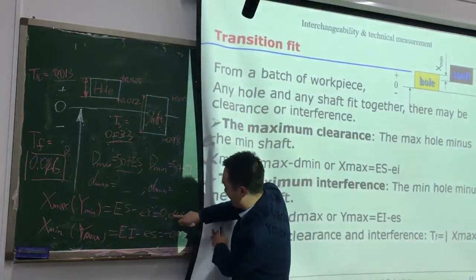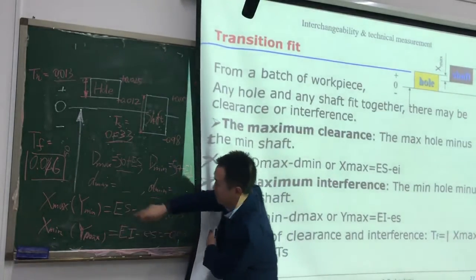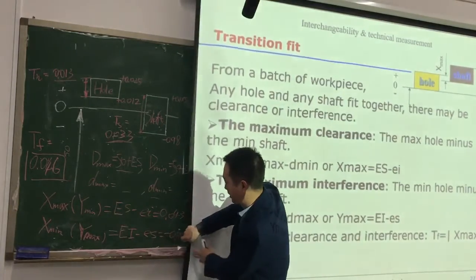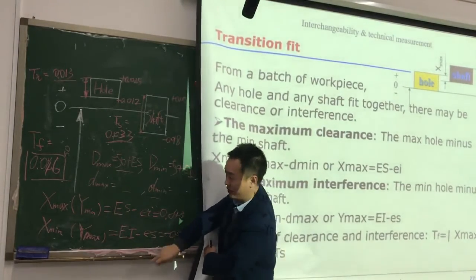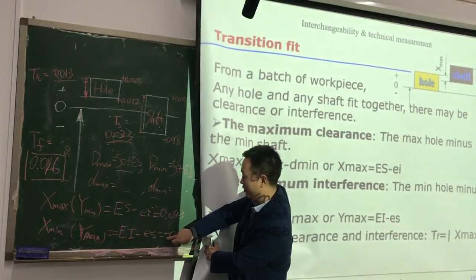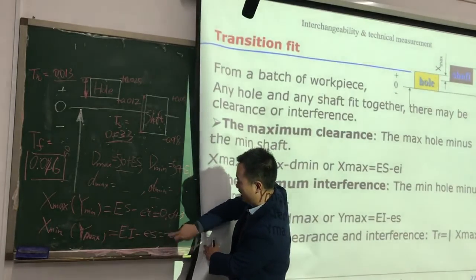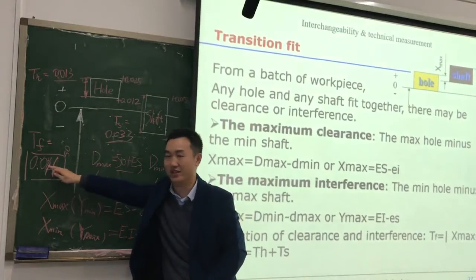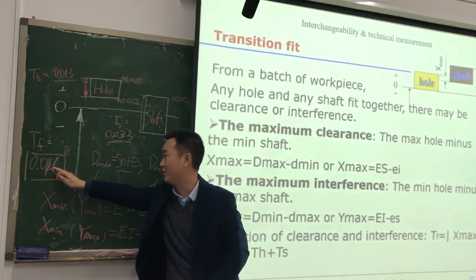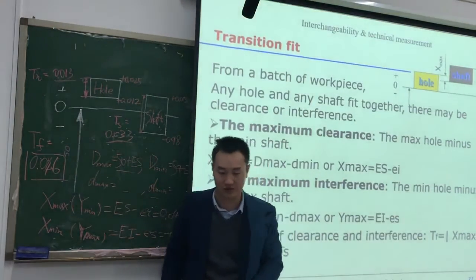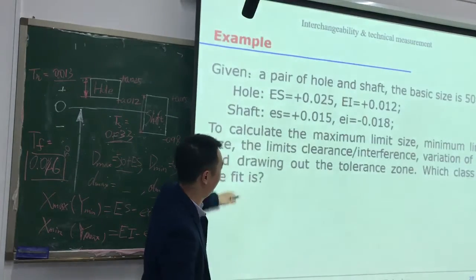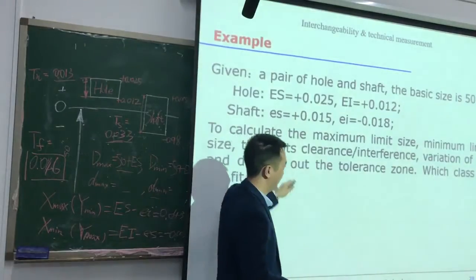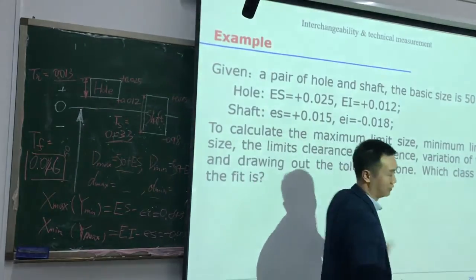We use this value minus this value, and we get the same value, right? Because this one has a minus sign, it's a negative value. So using this value minus this value, we also get the same variation of the fit. I hope you understand how to solve this kind of problem. It's one of the very important questions.